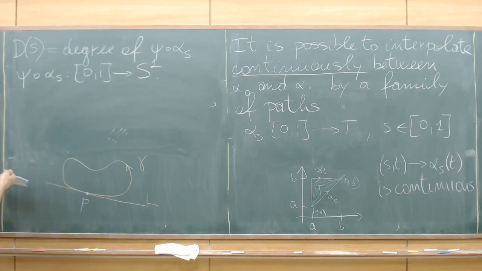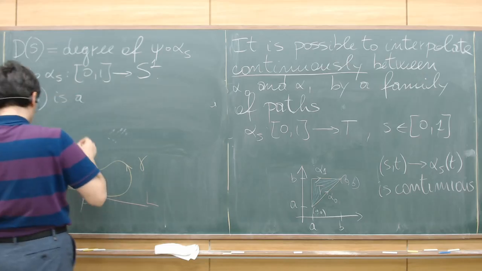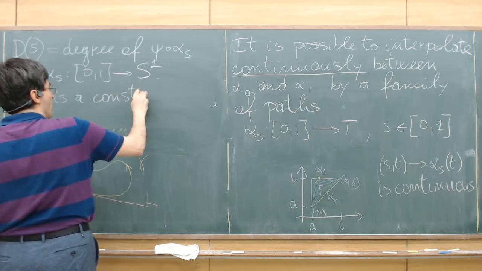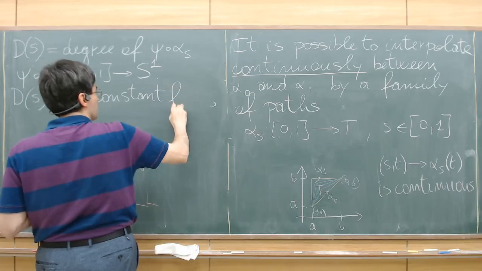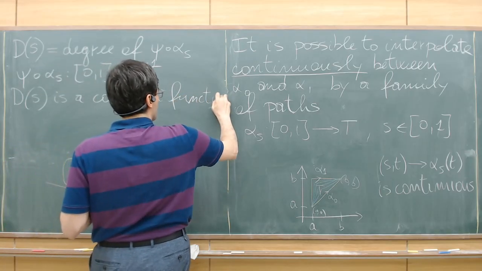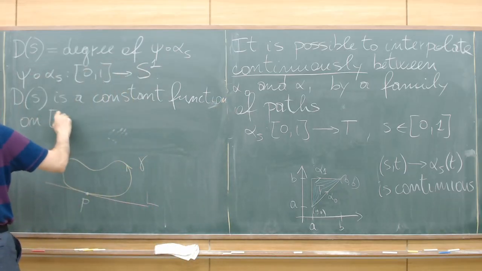Okay, it is possible to prove that d of s is a constant function on [0, 1].